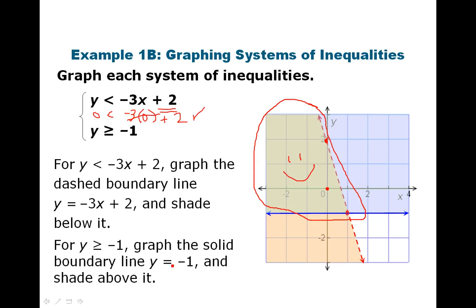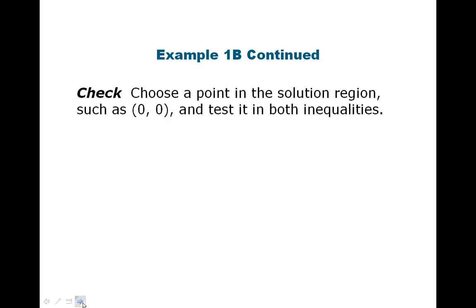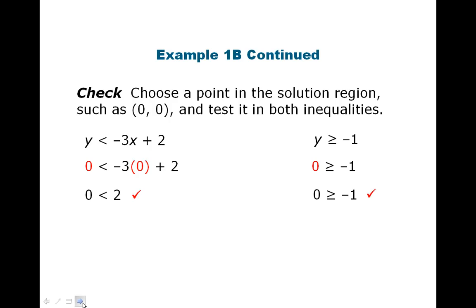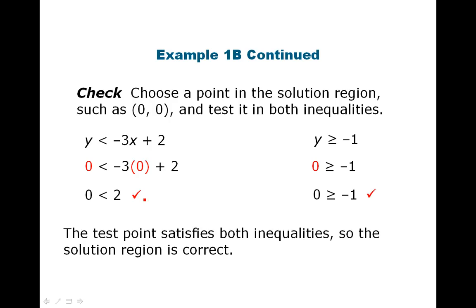So right there. Okay? And again, you could choose a test point in the solution region. Let's look at what happens if (0, 0) were plugged in. It turns out that it would work for both of these things. So, because it works for both, we have shaded the correct region.